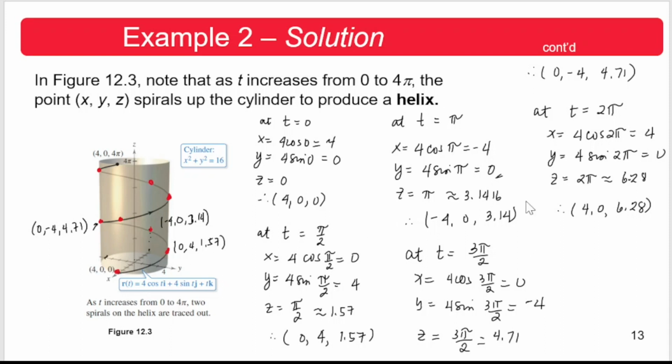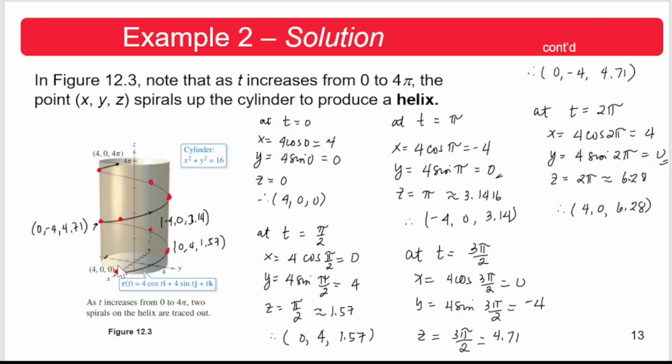And then at t equal to 2 pi, this is one complete rotation from the positive x-axis. So this is 90, 180, 270, and then 360 or 2 pi. So at t equal to 2 pi, your x-coordinate is 4 units. So scale 4 units along the positive side of x. 0 for y, but for the z-coordinate, this is 6.28.